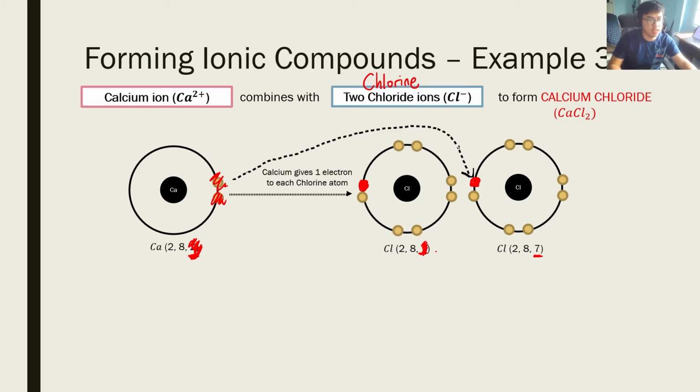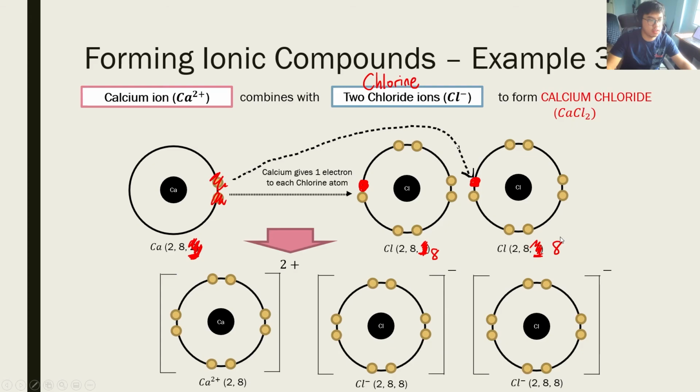Chlorine gains 1 and becomes 2,8,8. The other chlorine gains 1 and becomes 2,8,8. So in terms of the ion, this is what it looks like. Calcium, because it loses 2 electrons, becomes 2 plus. This chlorine gains 1 electron, so minus 1. This chlorine gains 1 electron, so minus 1 as well.